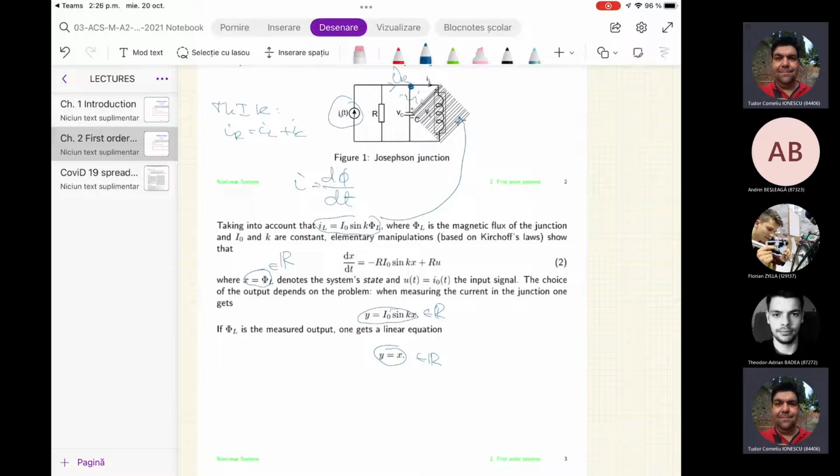Of course we can numerically integrate this. Let's see if we can do that by ourselves in MATLAB. I'll share the MATLAB screen in a minute.